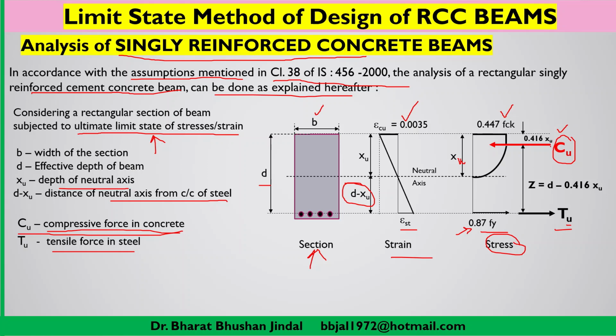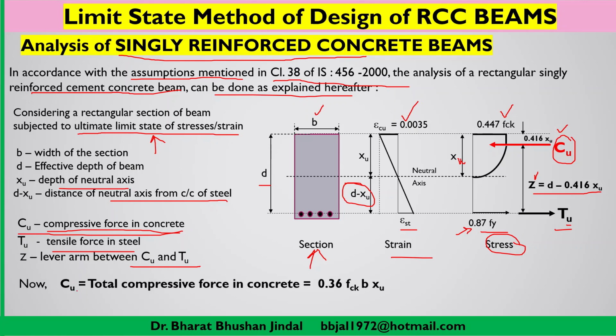Now the distance between the lines of action of Cu and Tu is known as z, the lever arm, because Cu and Tu, the compressive force and tensile force in the section, form a couple. The lever arm is given by the total depth d minus 0.416 xu, so we can calculate z by this formula.